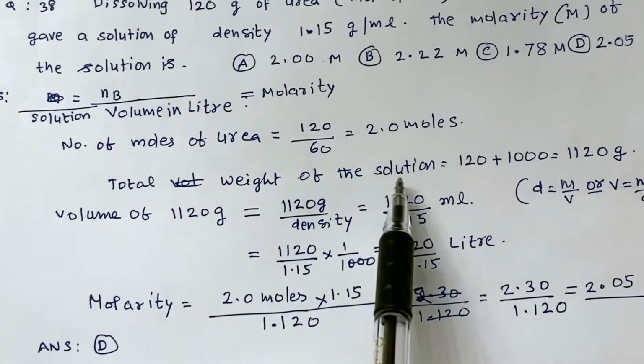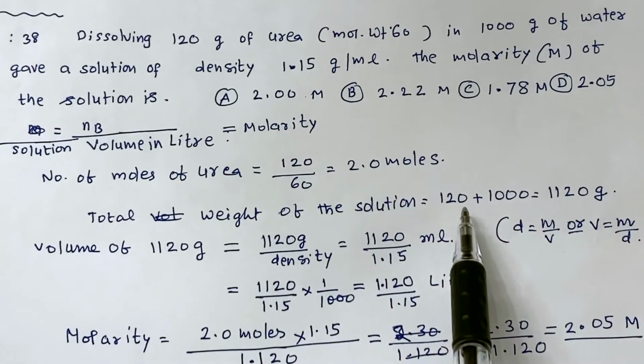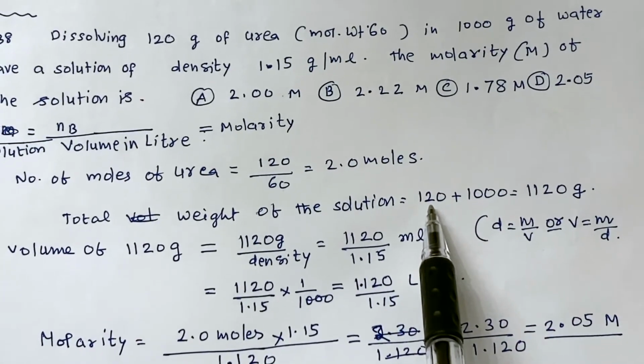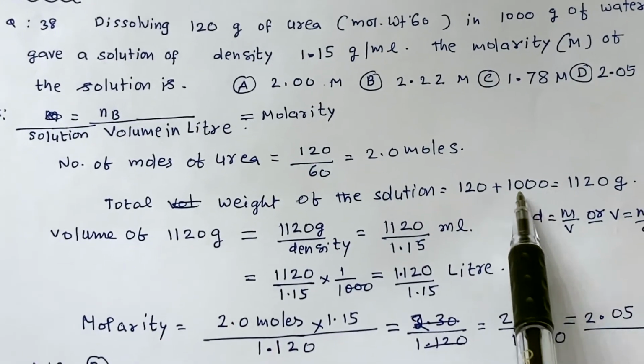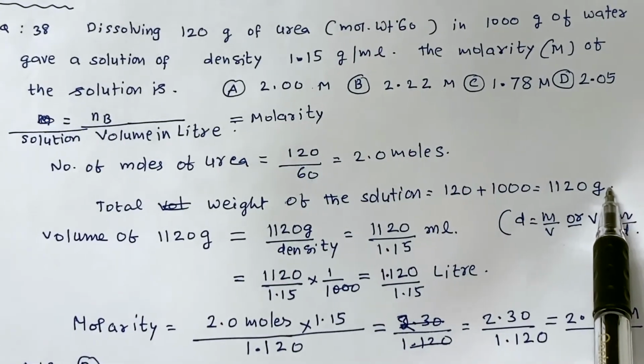So total weight of the solution we have to take. Here we should be thorough, otherwise most of the students will make mistakes. So 120 grams of urea and 1000 grams of water, 1120 is the total solution weight.